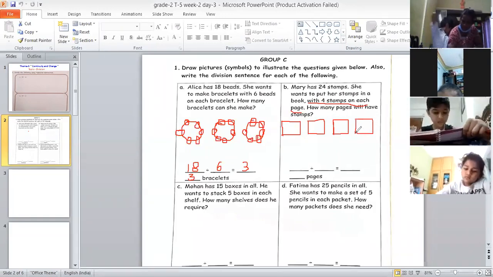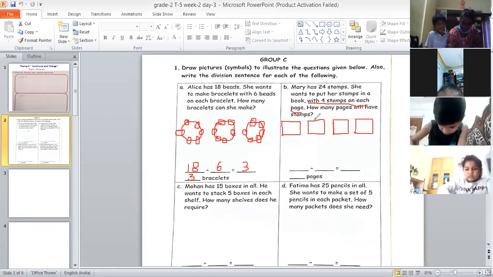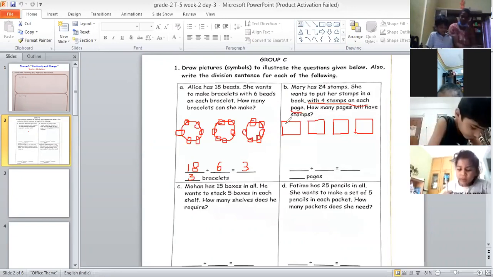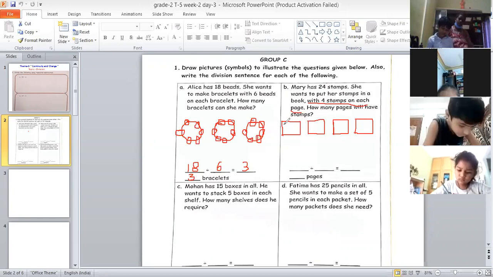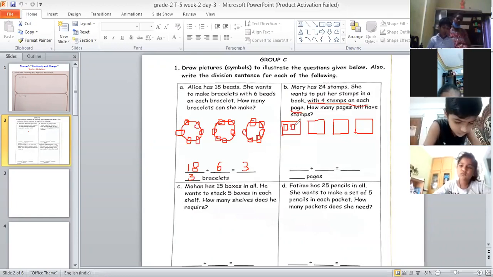Okay, so I have made 4 pages first. Now, according to the question, there should be 4 stamps on each page, right? So let us make 4 stamps. 1, 2, 3, and the 4th one I am drawing down.